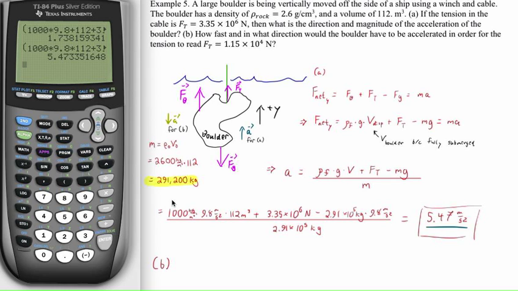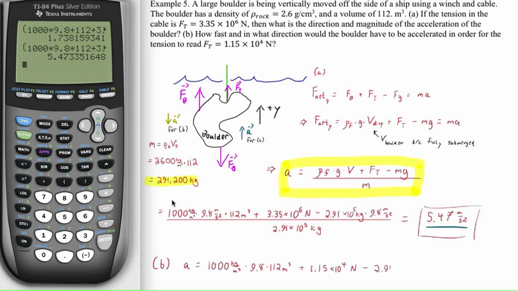And let's show that. In this case, we're going to have the same setup. I'll put a box around this since it's used for both parts of the problem. And so we'll just have slightly different values here. This part obviously being the same, times 112 cubic meters. The only difference here is we're going to have our 1.15 times 10 to the 4 newtons.